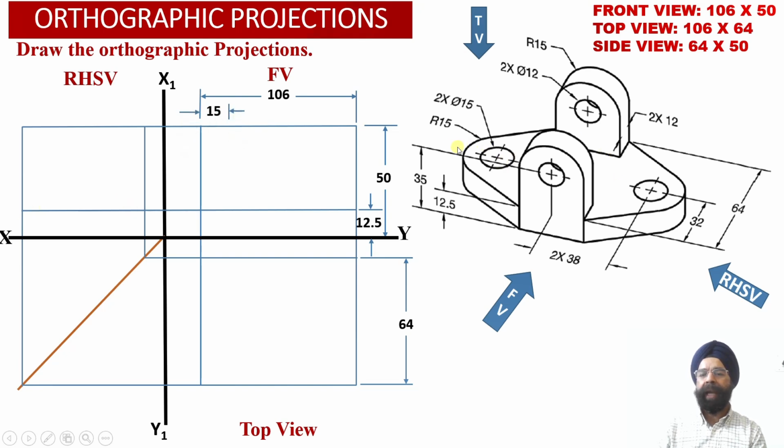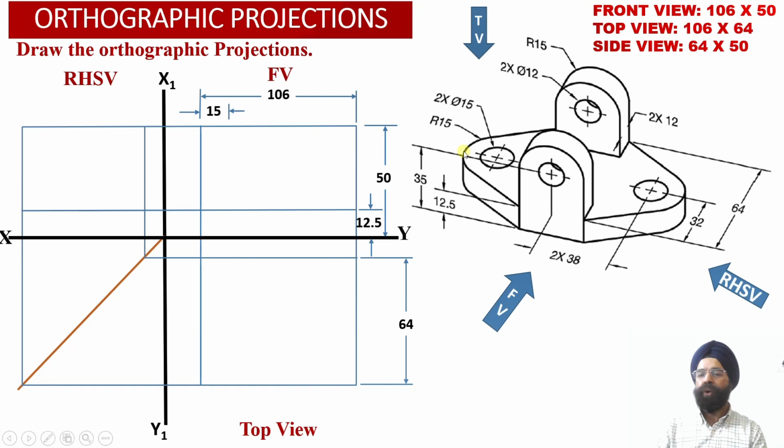So now we know that there is a circular portion which is existing on the left hand side face of this horizontal web, and a circular portion is also existing on the right hand side face of the solid over here, and the diameter of the circular portion happens to be 30 millimeter, or we can say the radius of the circular portion happens to be 15 millimeter.